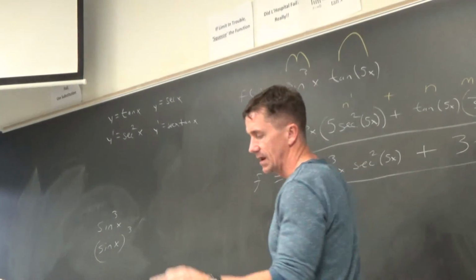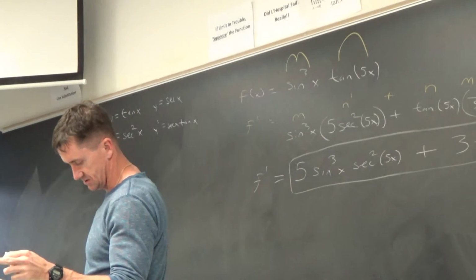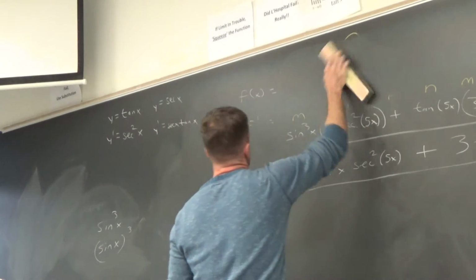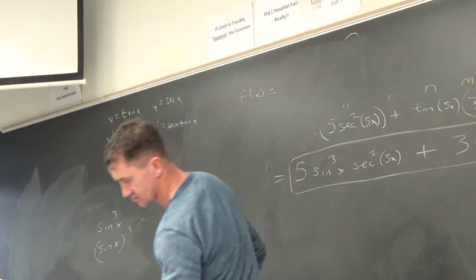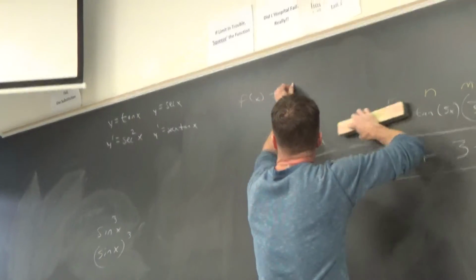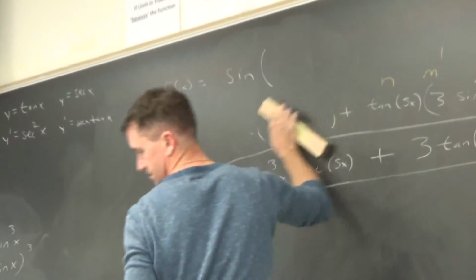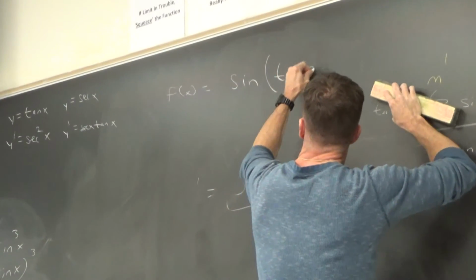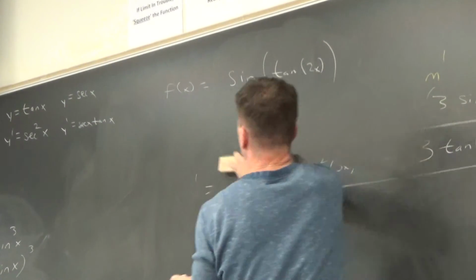All right. Now, textbook, number 31. How about this guy? I want to try to get this derivative. Sine of tan of 2x. Okay, let's start.